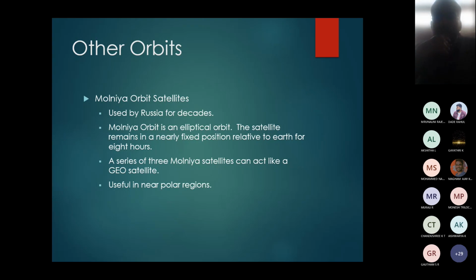Molniya orbit satellite is the same type as GEO satellites, but GEO satellites rotate on the equatorial plane, whereas these Molniya orbit satellites do not rotate on the equatorial plane. They rotate at some inclined angle. So these satellites remain relatively stable, mostly for 8 hours. And this is useful near the polar region.